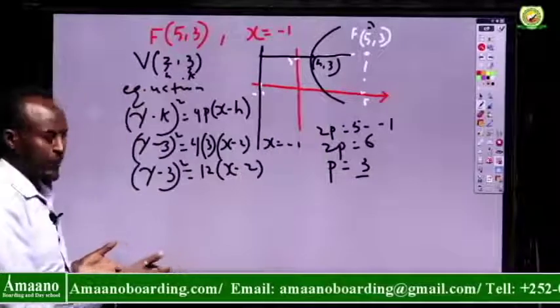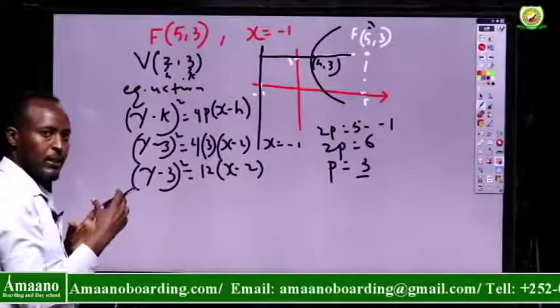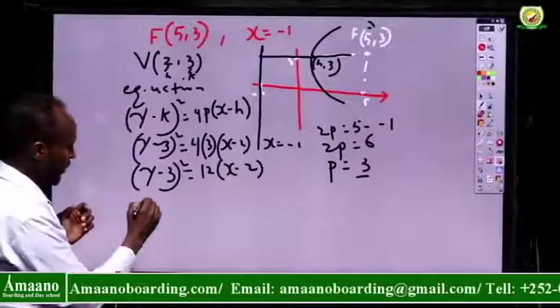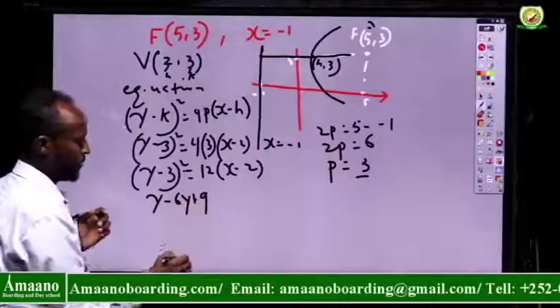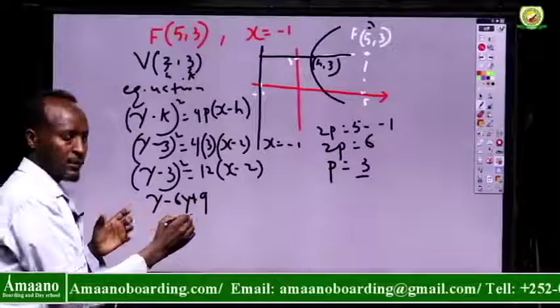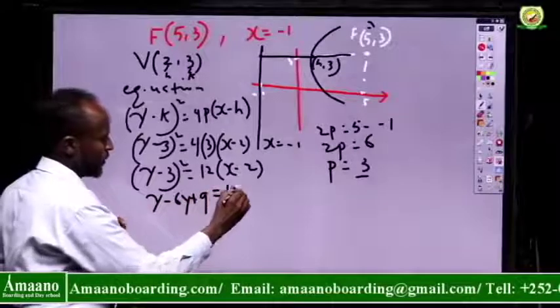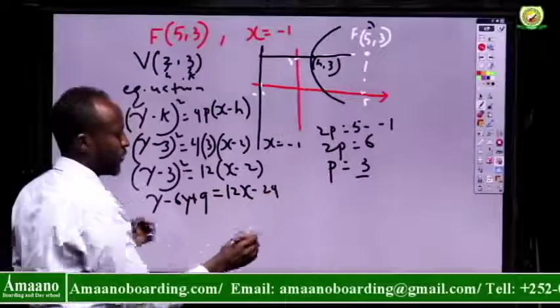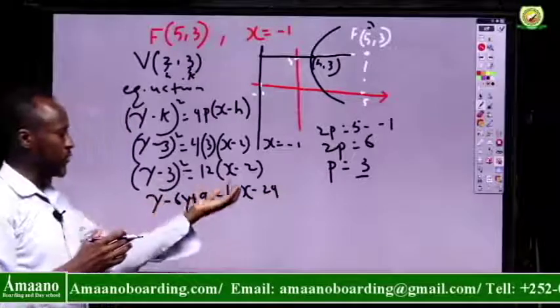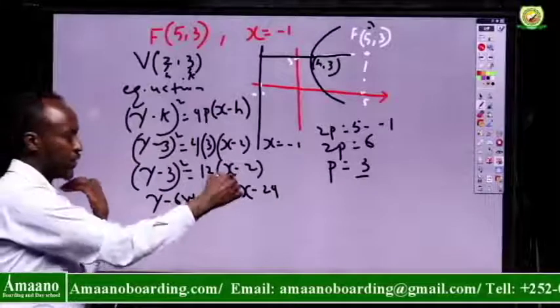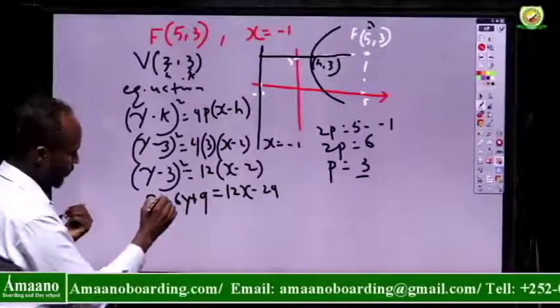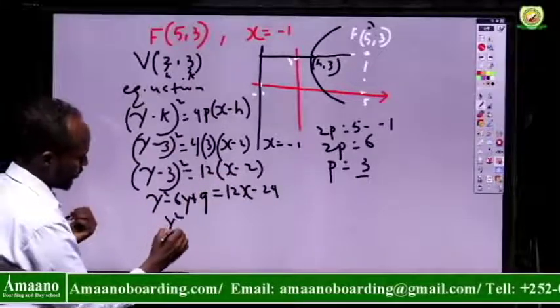Then we will remove the brackets from both sides. If you expand (y - 3)², you have y² - 6y + 9. Expanding the other side, we have 12x - 24. Rearranging, taking all the terms to this side and equating to 0, we have y² - 6y.